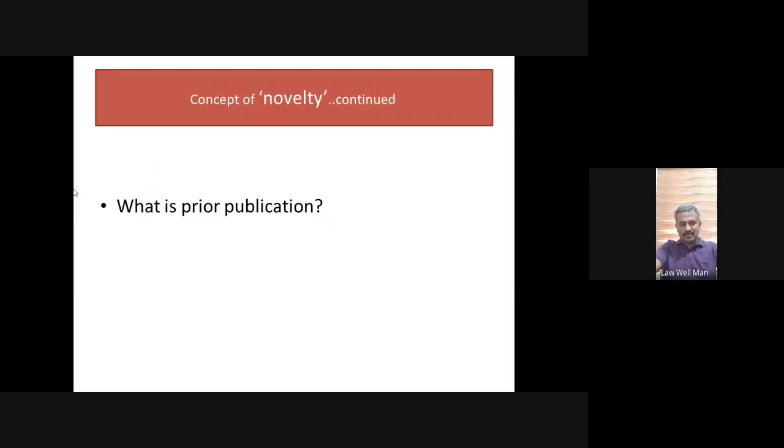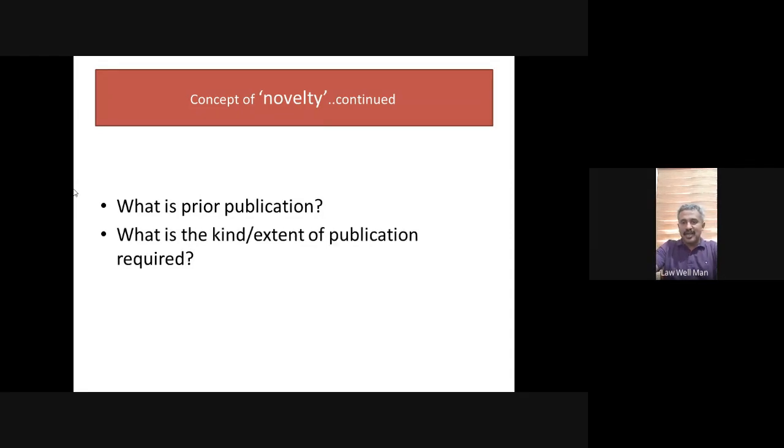Now, here an important consideration, obviously, that should arise is, what do you mean by prior publication? And what's the kind of publication that is required? For which I think I gave an example, which the participants would definitely remember.